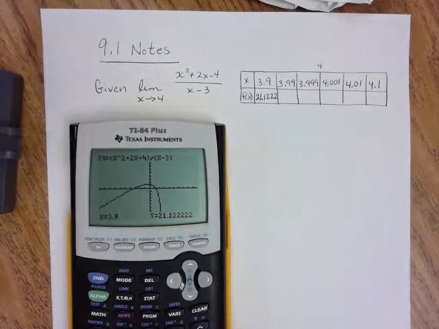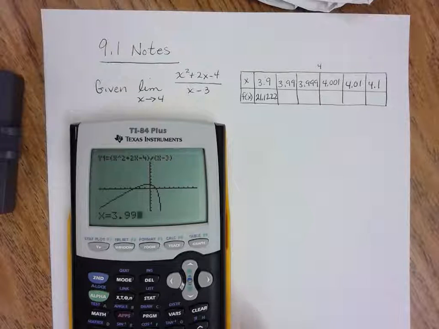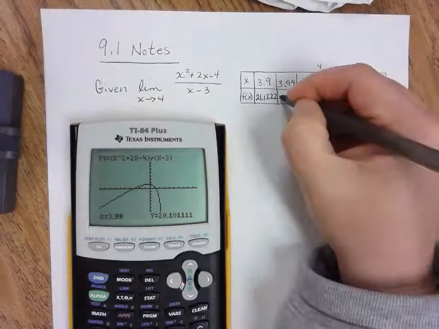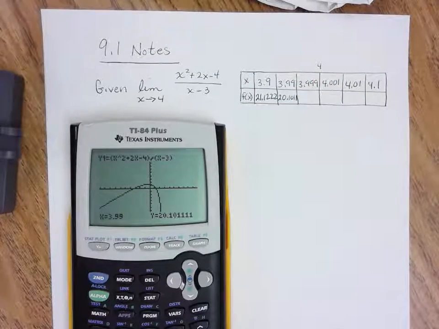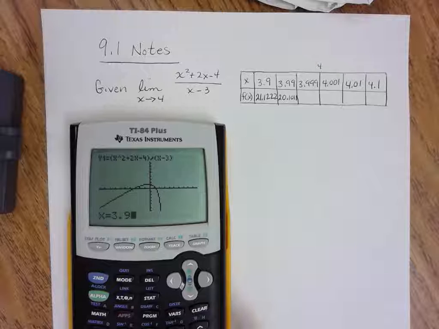Then I'm going to just type in 3.99. That's 20.1011. 3.999.